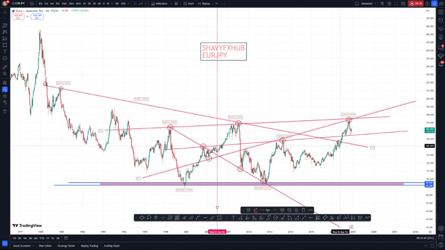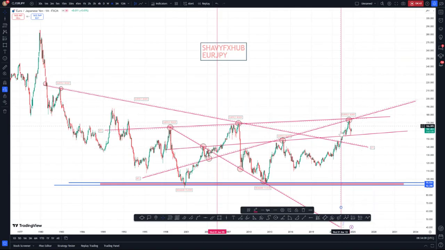That's a moment worthy of note. Price broke out from the descending trend line in April 2023 and came back on retest in June 2023, and price has left.